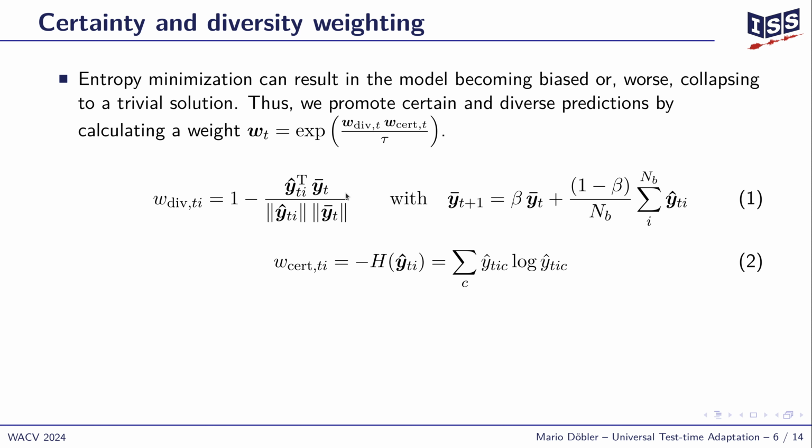So in case some classes might be underrepresented for a certain amount of time, if they reappear, they receive a higher weight. Furthermore, we apply certainty weights in the form of negative entropy to give more reliable certain predictions a higher weight.